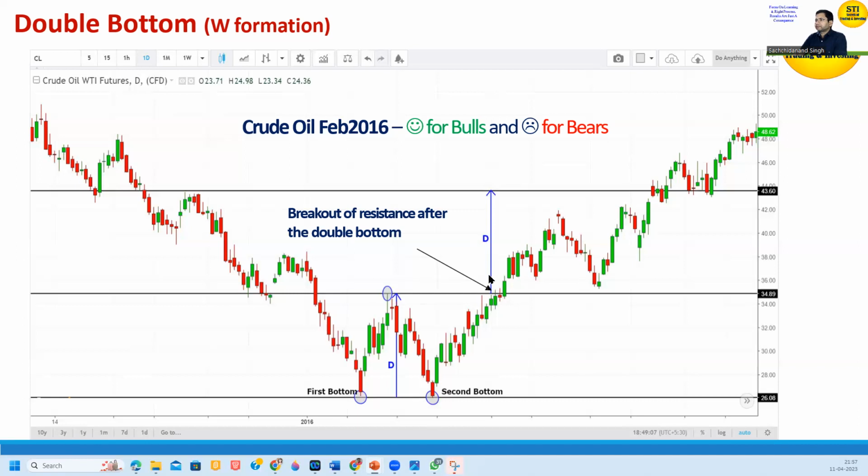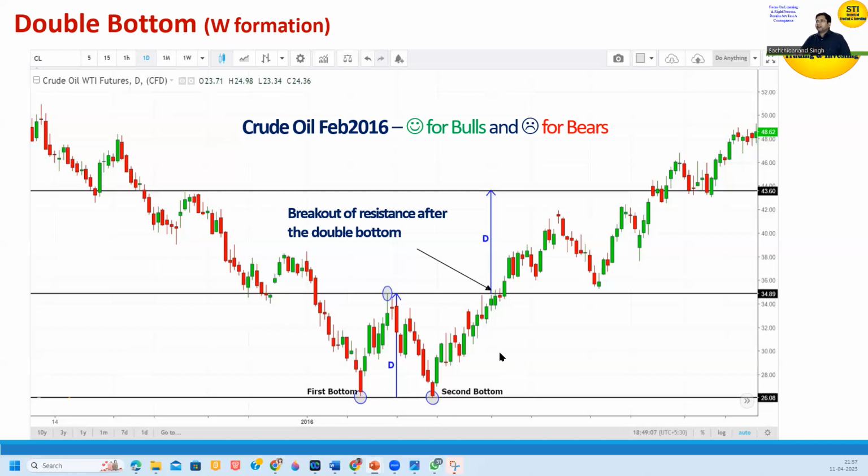The first target would be similar to the distance from the bottom to the first resistance. If that distance is D, then most probably it is going to jump one more level equivalent to D. So this is a very simple example of a double bottom.